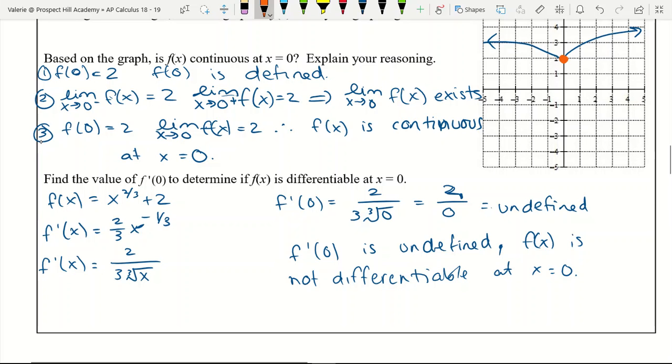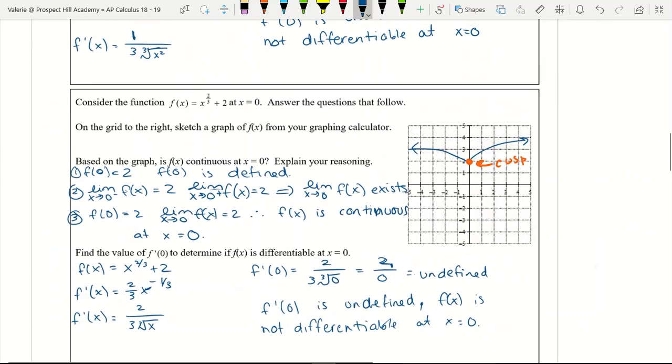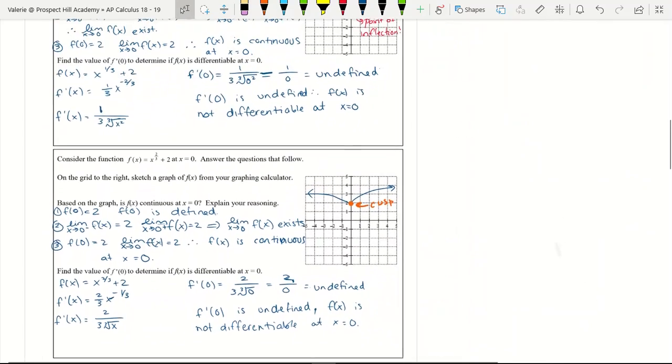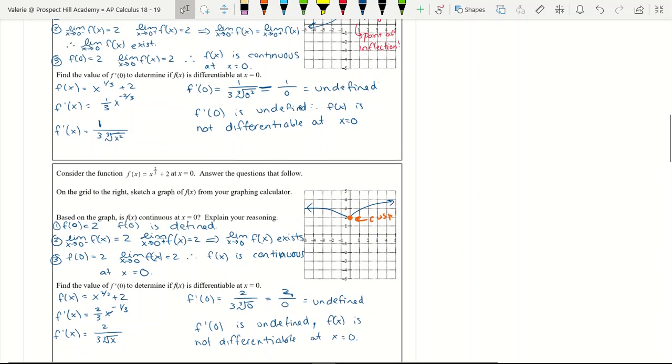So there's a sharp turn, a sharp point, a sharp end on our graph at x equals 0. So because this has a cusp, the function will not be differentiable at that cusp. So on this page, you'll notice that both functions were continuous, but neither one was differentiable at that point.